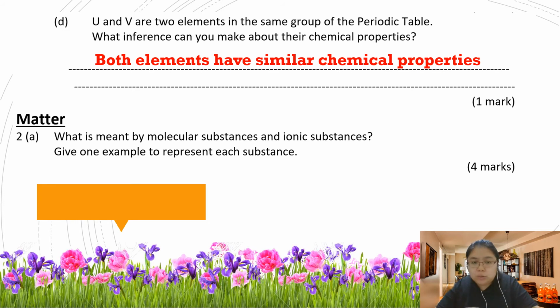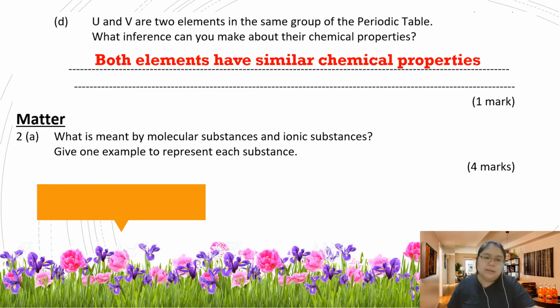Combine at least 2 or more atoms. How do you combine? Using chemical bonds. After that you give the substance example, we give oxygen. Ionic substances means you also need to combine, but combine a metal and a non-metal together. After that you give an example. We can see sodium chloride, that one is salt.